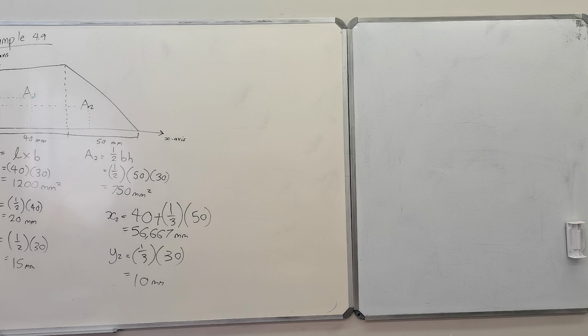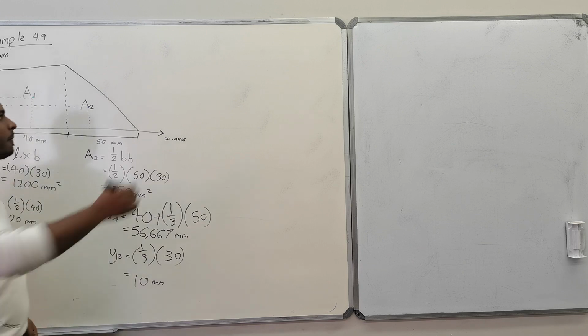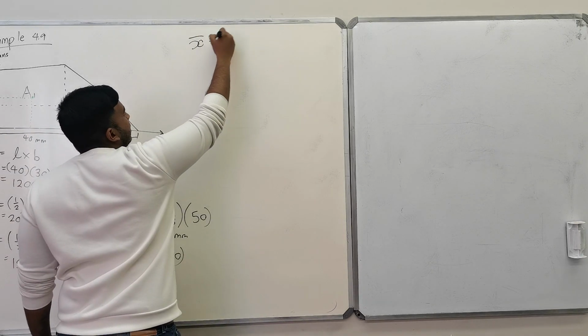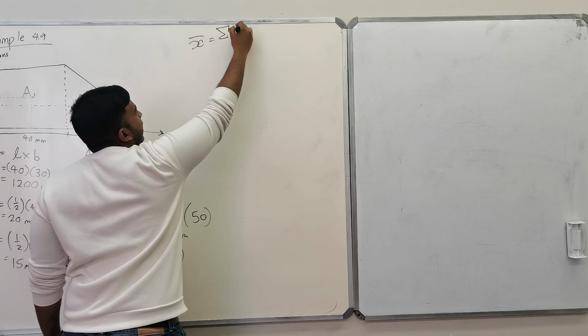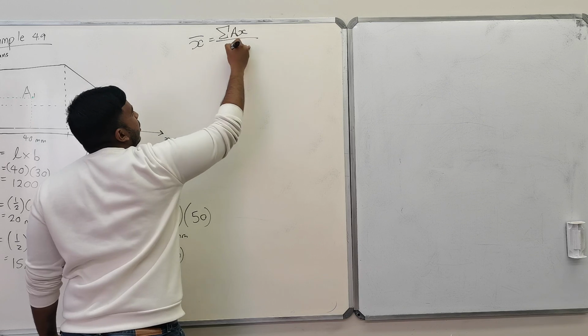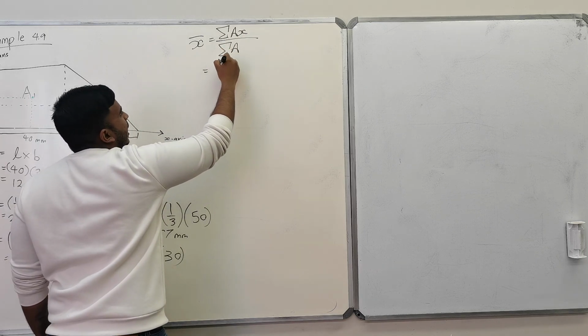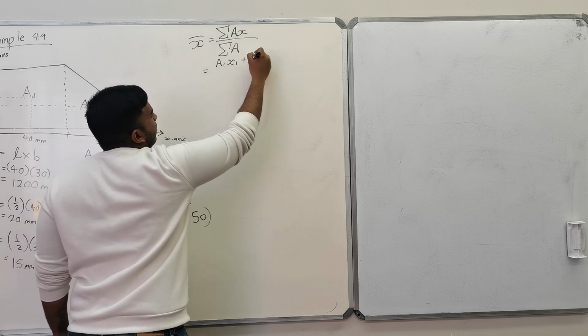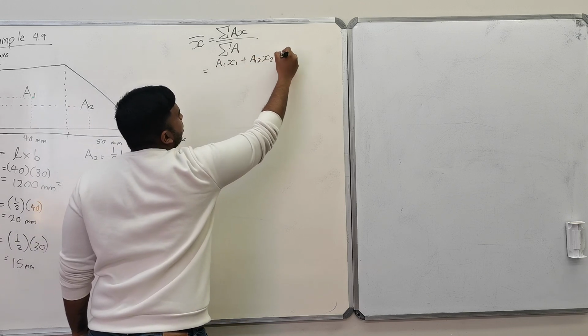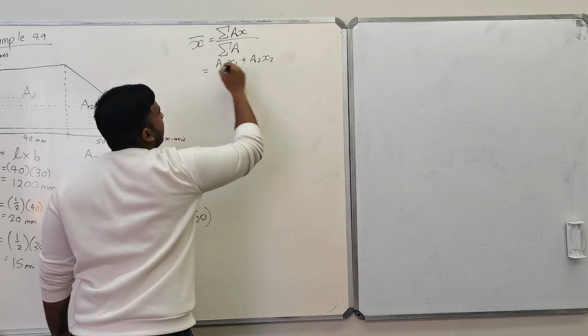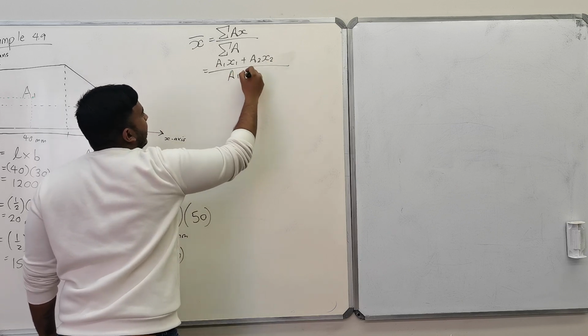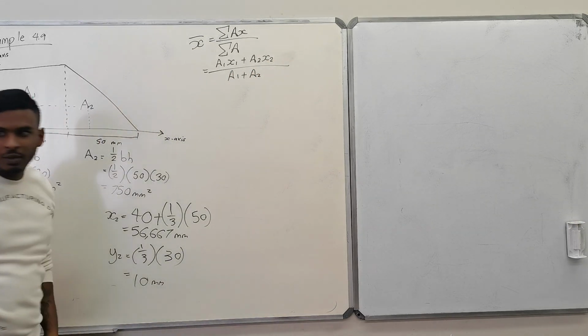Now, how do we calculate the coordinates of the center point for this entire shape? We would use that formula I told you earlier. So x bar is equal to the sum of the areas multiplied by their center points, all over the sum of the areas. This would be equal to A1 times x1 plus A2 times x2, all over A1 plus A2.